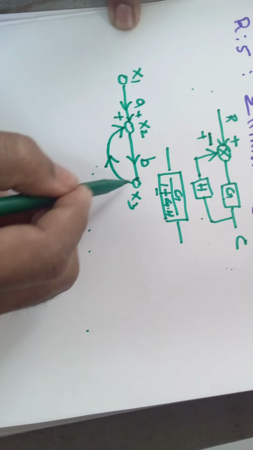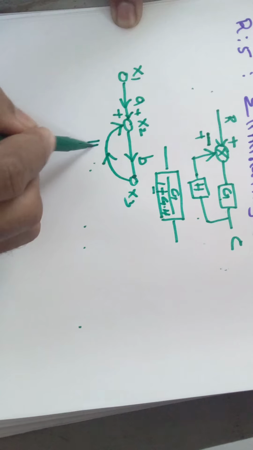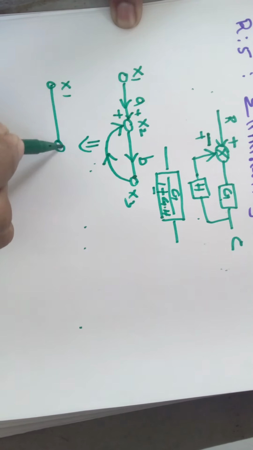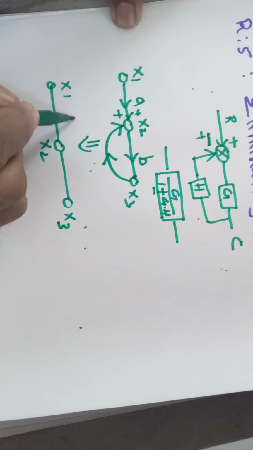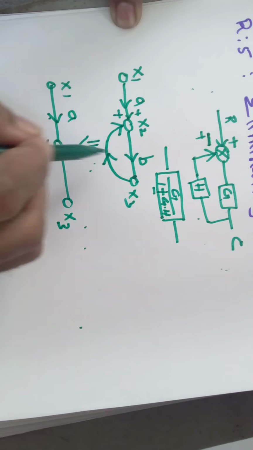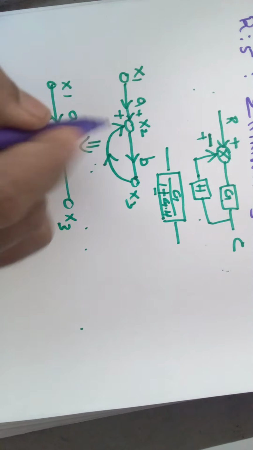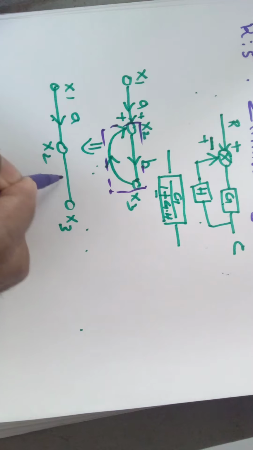Therefore we can replace this loop with a single branch. The resultant will be x1, here this is x2 and the final node is x3. Now this branch gain is A. Now we can replace this entire feedback loop with a single line.